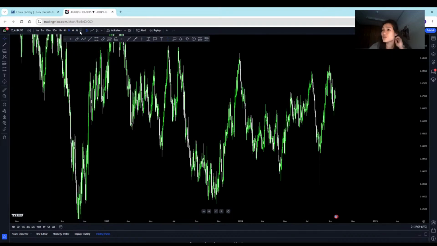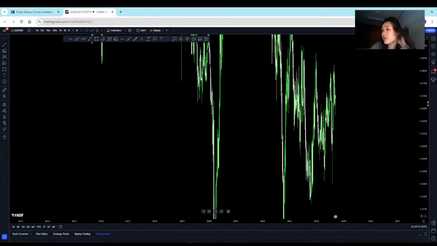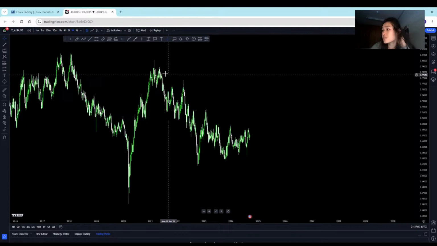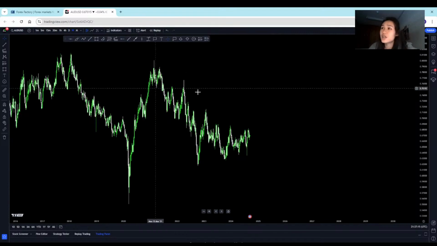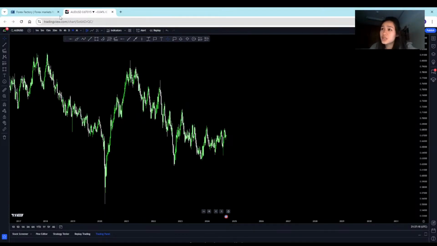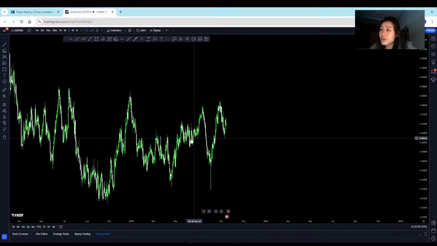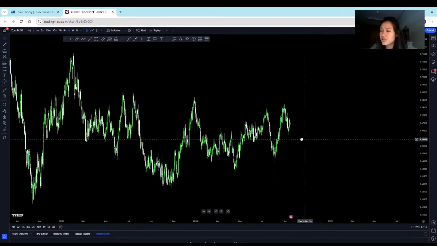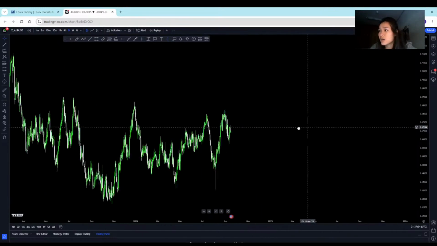Okay. So on our weekly time frame, you can see the general trend being kind of bearish over here. On our daily time frame, prices are kind of fluctuating a bit.